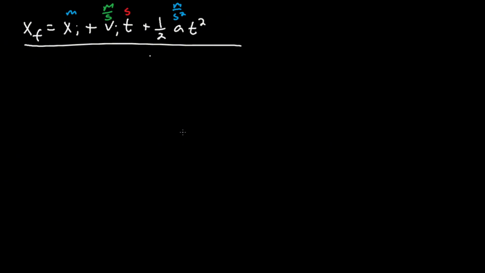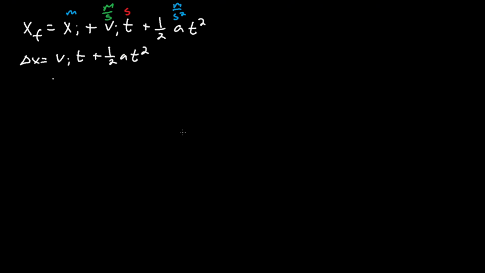This kinematic equation can be adjusted so you can have delta x is equal to initial velocity times t plus 1/2 acceleration t squared. The reason you can do this is because if you subtract initial position from each side, you have your final position minus your initial position, and that equals your change in position.